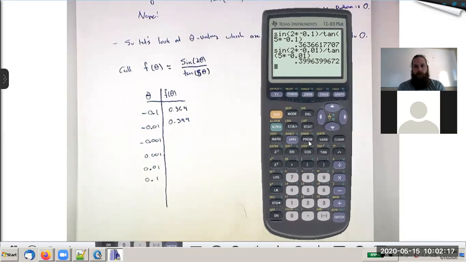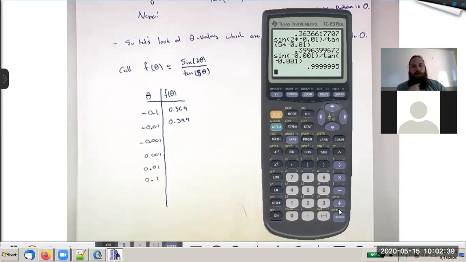Let's keep going. The next one on my table I said I was going to compute is f of negative 0.001. So that's sine of negative 0.001 divided by the tangent of negative 0.001. And that's looking like, ooh, that's a big jump there. No more 3s, I typed that all in right?